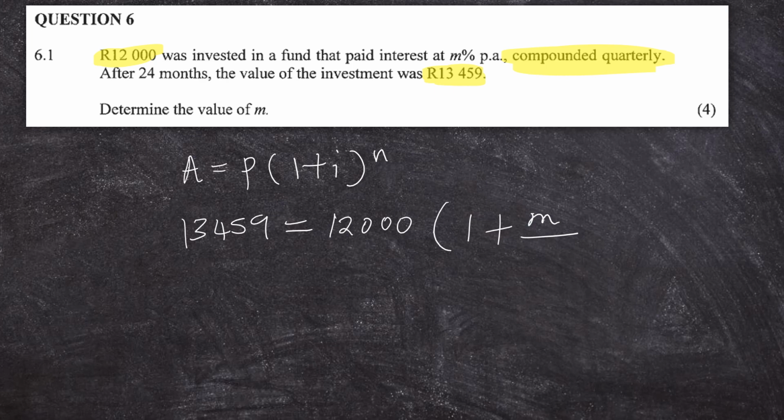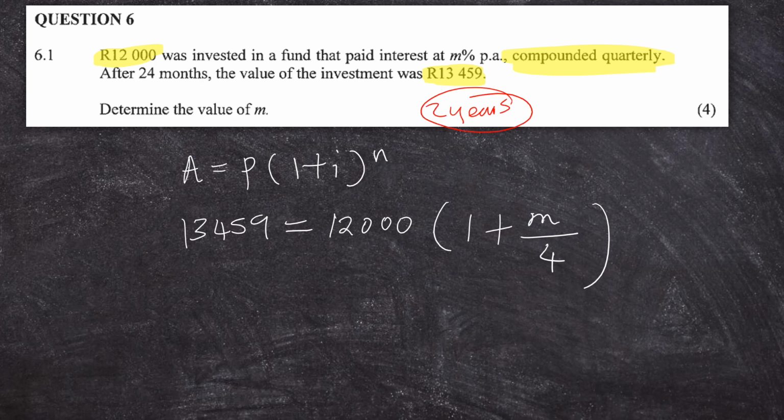Okay, so if it's compounded quarterly, we do know that in a year we have 4 quarters, then we have to divide by 4. Okay, so then in our number of years, remember N represents the number of years, but this must be compounded quarterly, so they must be in quarters. So we are given 24 months, right, which is the same as what? As 2 years, right?